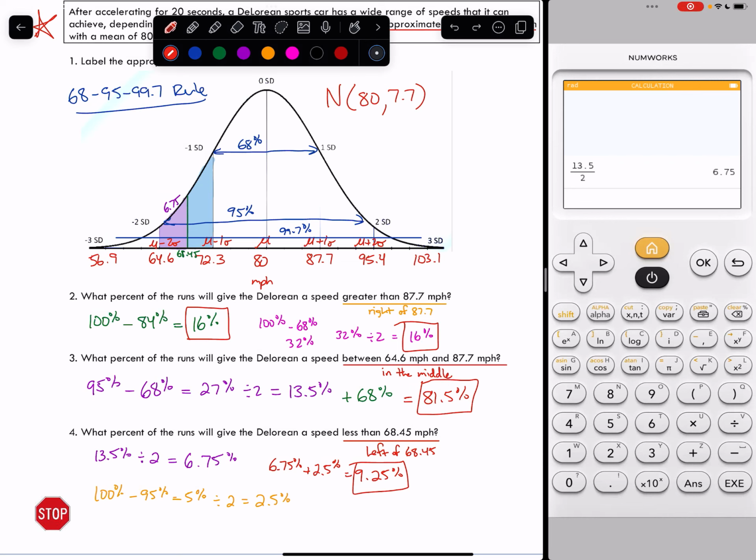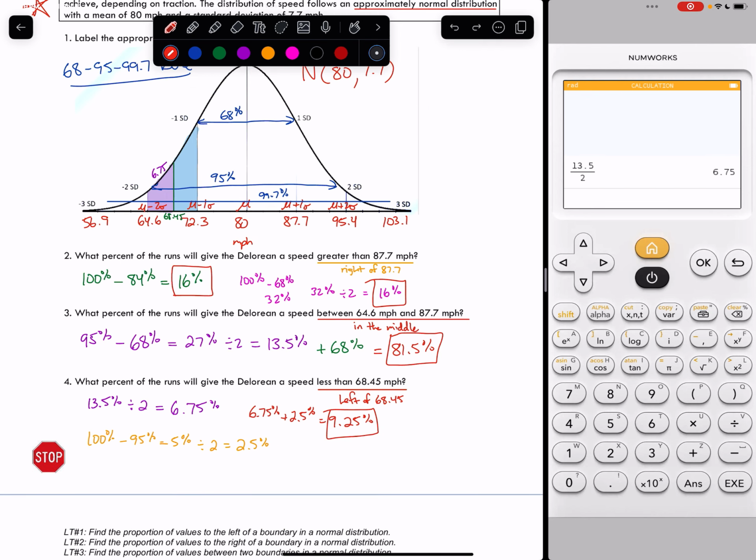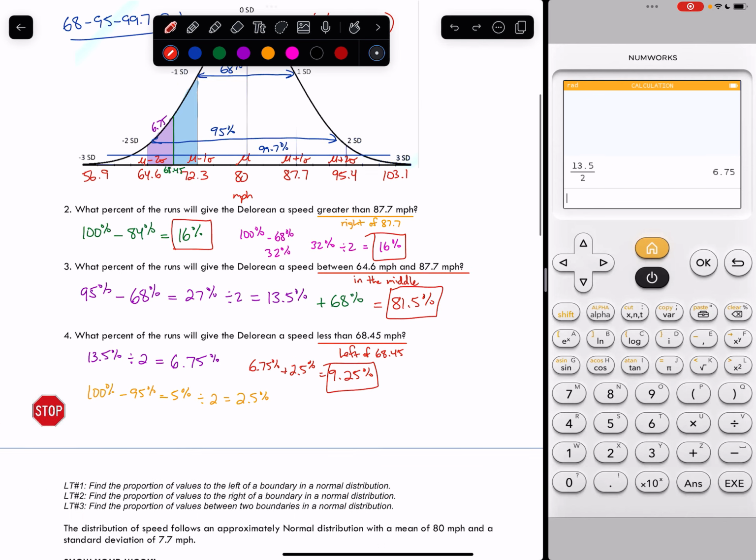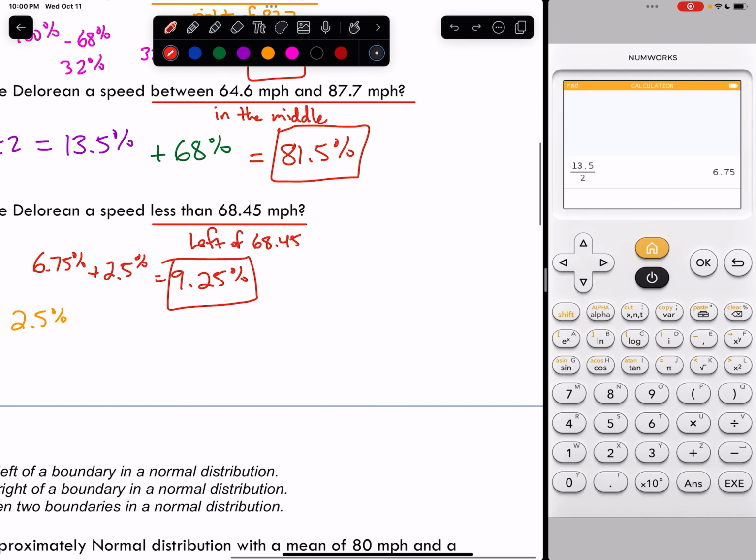So for question 4, what we're going to do now is convert this graph using what we call a standardized score. This is also known as a z-score.